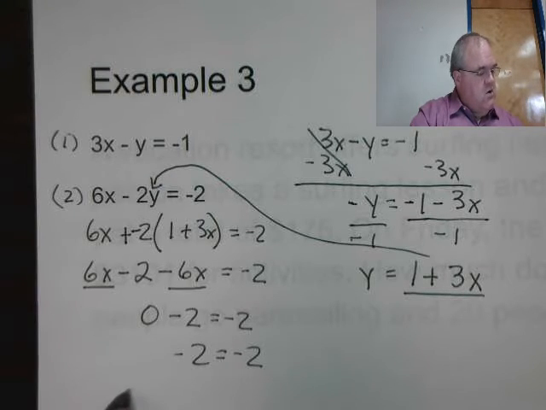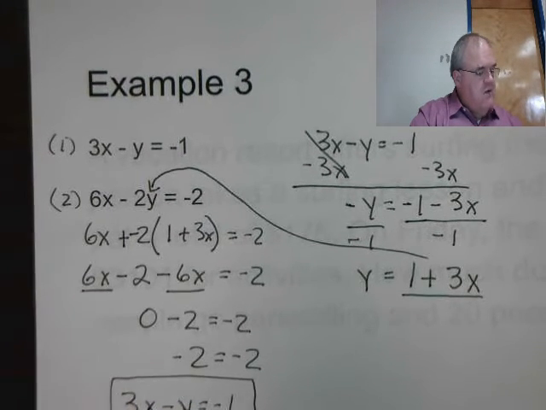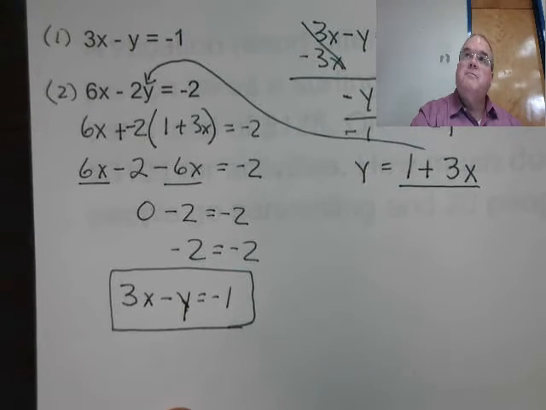The solution is going to be 3x minus y equals negative 1. So basically, all x's that make this true and all y's that make this true are my answer. So my answer to this is the line.